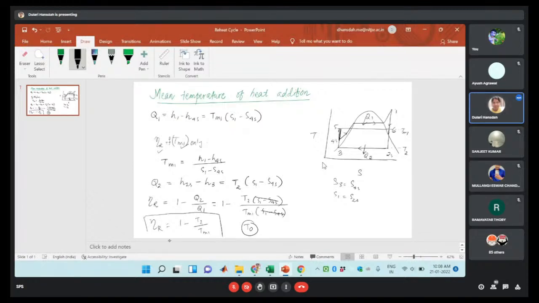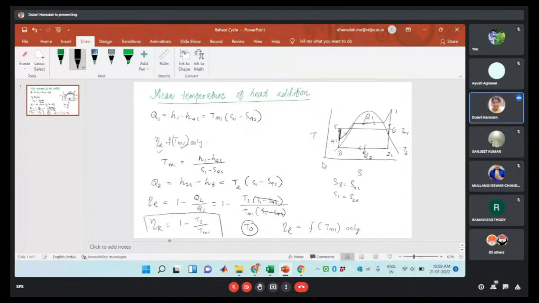So from this relation, we can infer that the Rankine cycle efficiency is a function of Tm1 only, because we can reduce this T2 temperature up to the surrounding temperature. So the higher the mean temperature of heat addition, the higher the Rankine cycle efficiency.